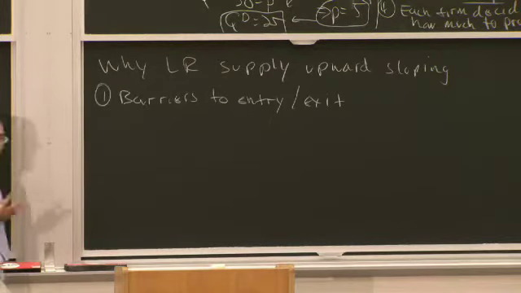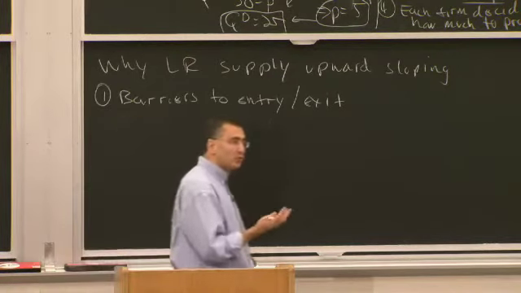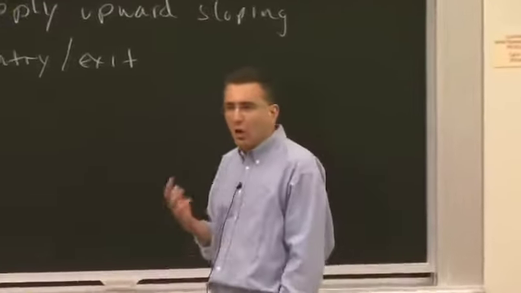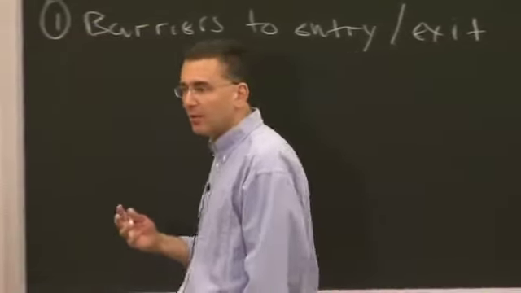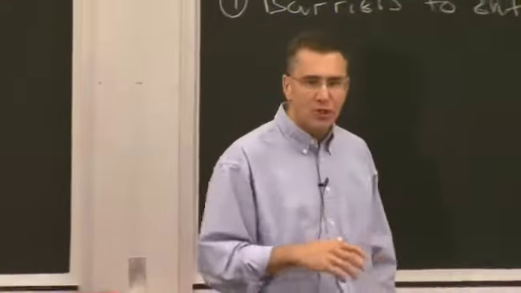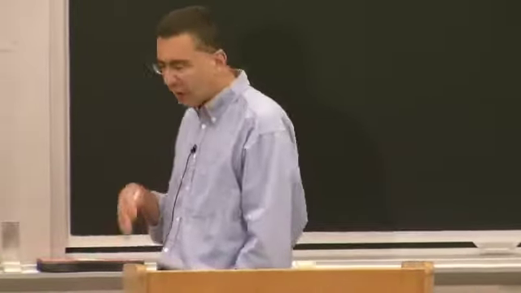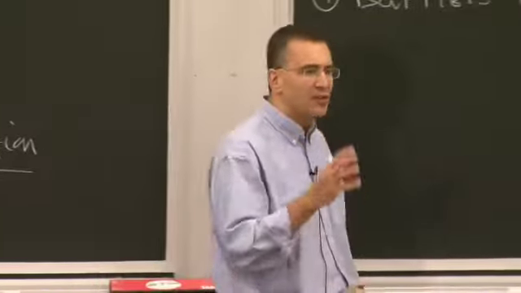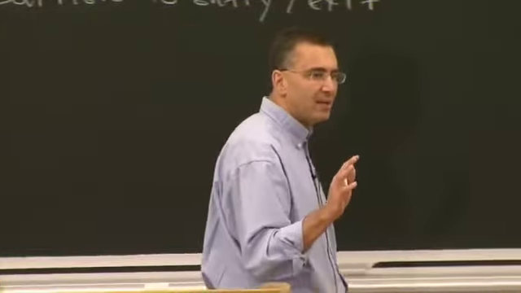A classic example is something we introduced a couple lectures ago, the notion of sunk costs, costs which even in the long run might be fixed, or which are so large that, having incurred them, another firm's going to say, look, it's not worth it for me to get in.